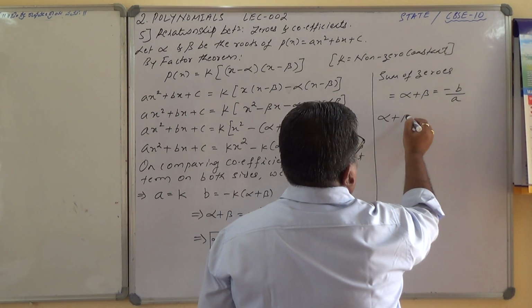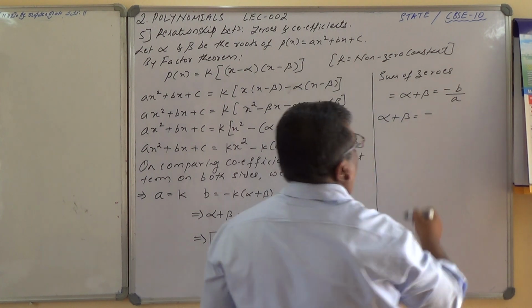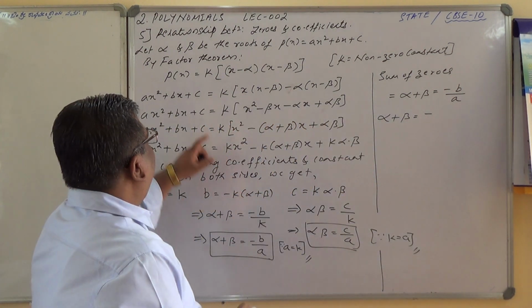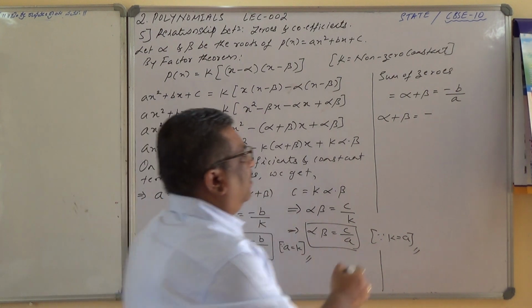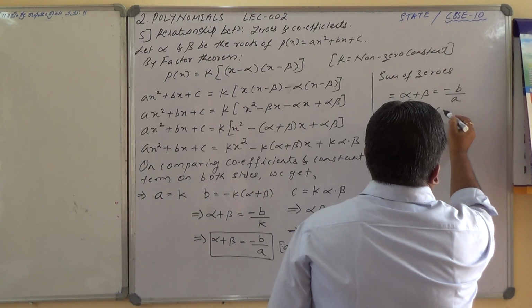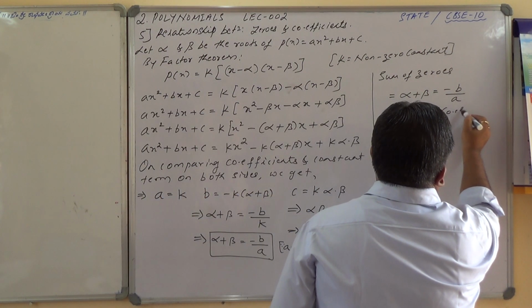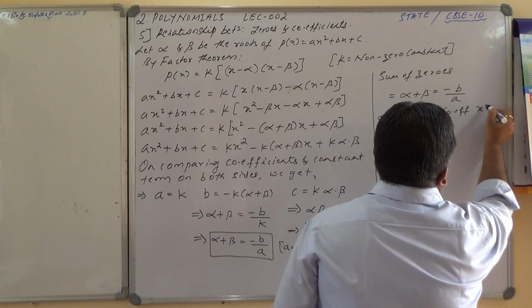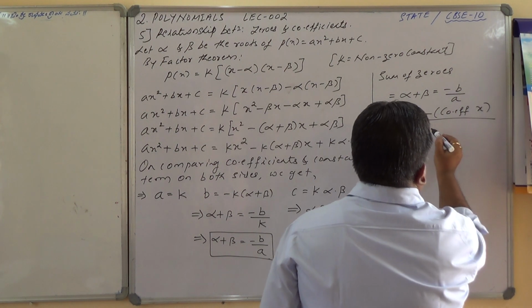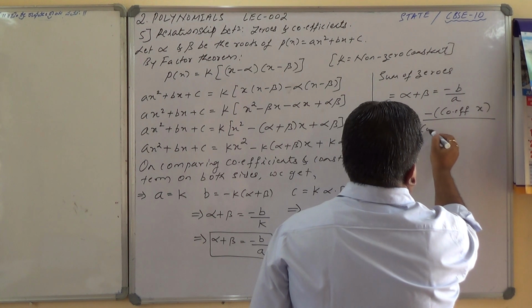Therefore alpha plus beta equals, b is the coefficient of x, so minus coefficient of x, the whole divided by coefficient of x square.